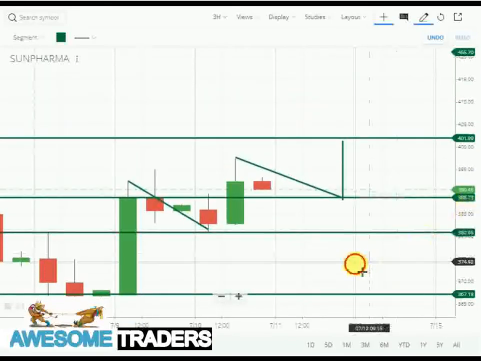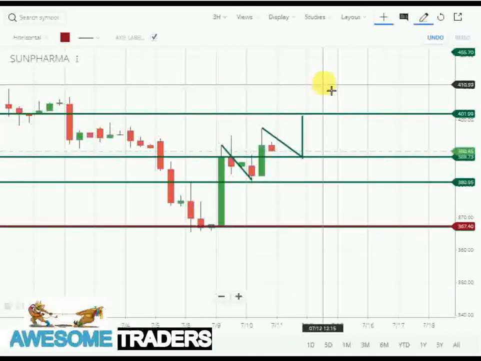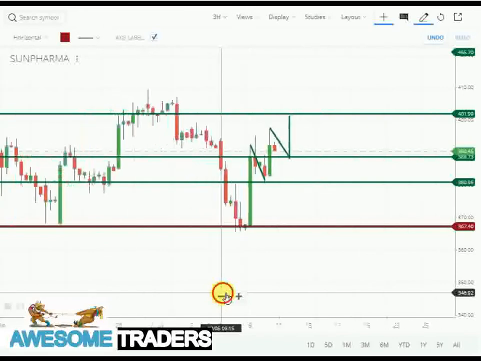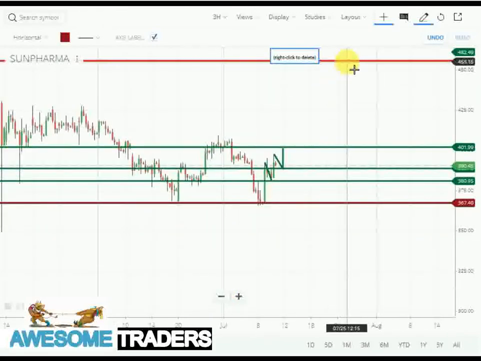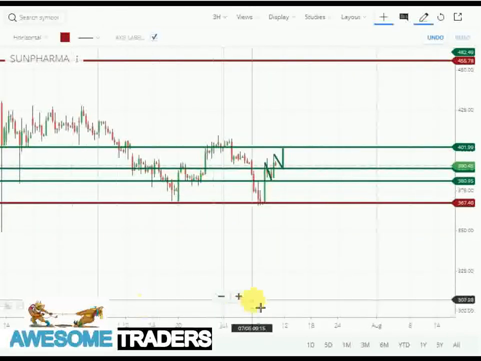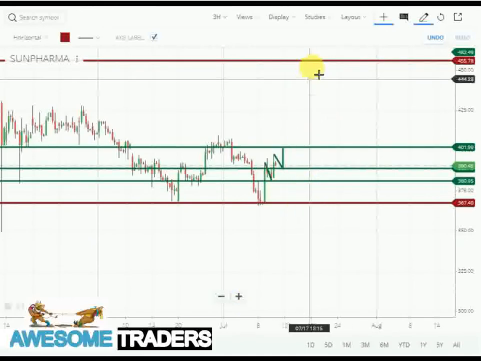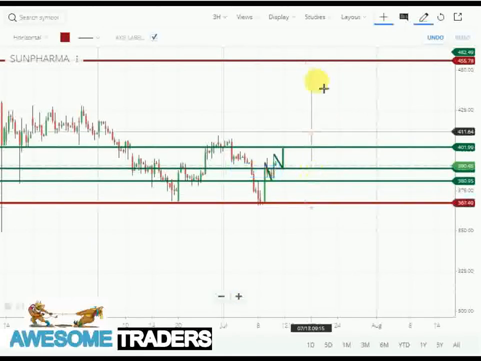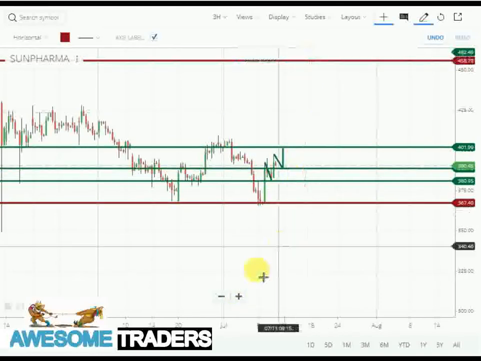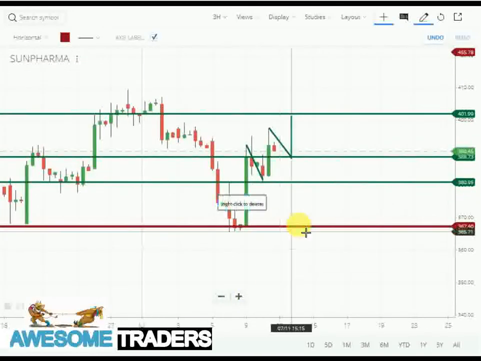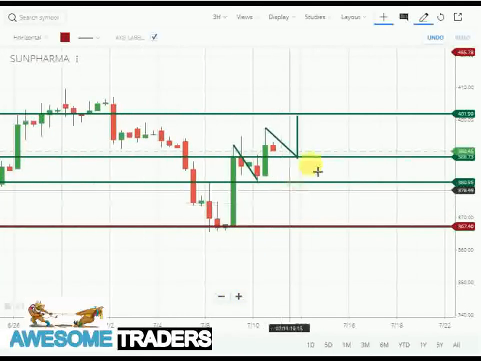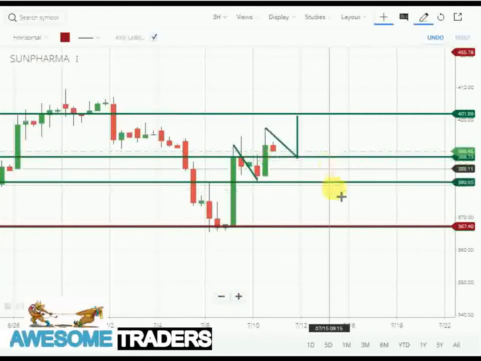That is how you find support and resistance. The other major resistance is way above here. It is important to find these levels. These 2 levels are very important in trading. For the short term, these are your levels here.